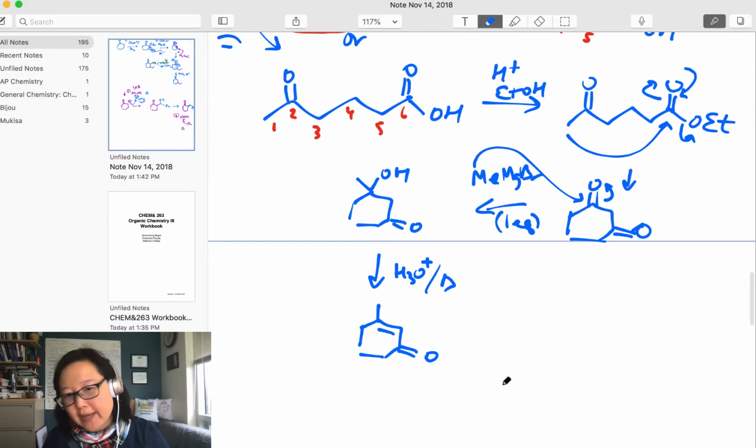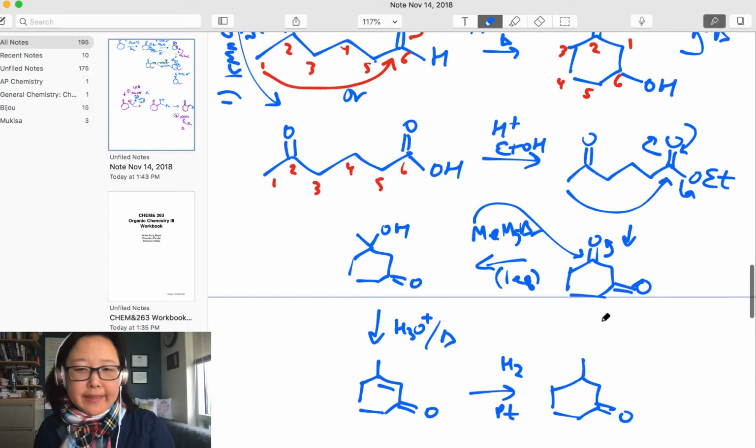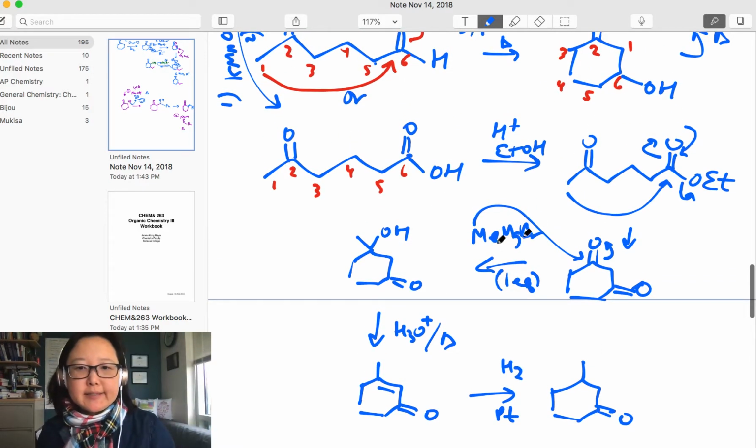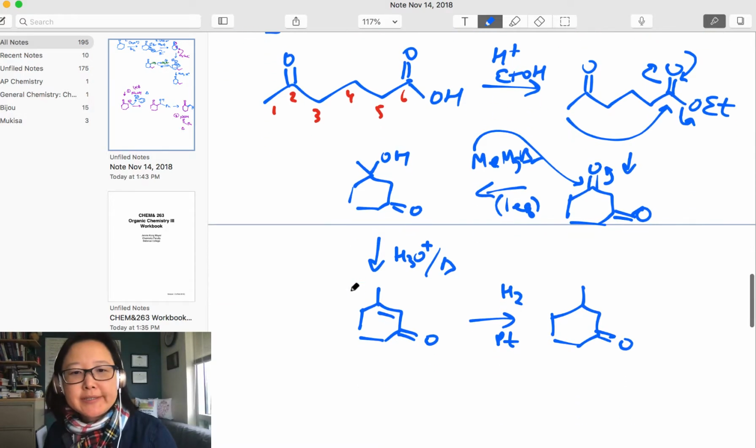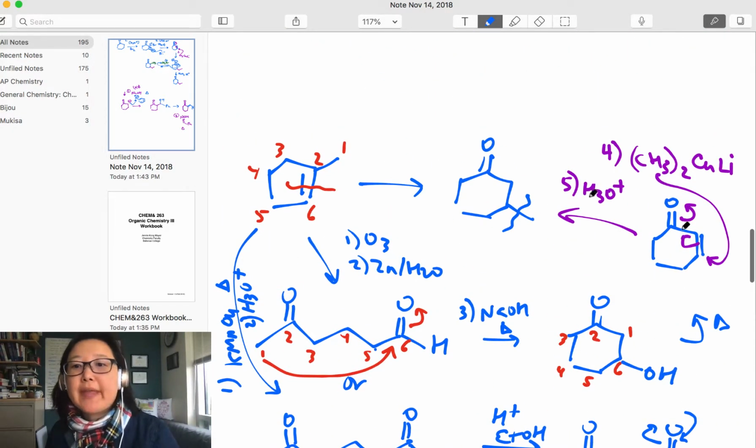And then once you have that, we can just get rid of that double bond by doing a hydrogenation, H2 over Pt. So this method is sort of long, and this is a little bit problematic here, just because it's difficult to control without having it alkylate at both places. You could try saying one equivalent, but you'll still potentially get alkylation in both places. So for those reasons, it's probably better just to go with the aldol route.